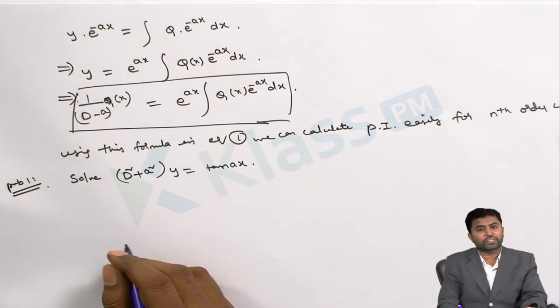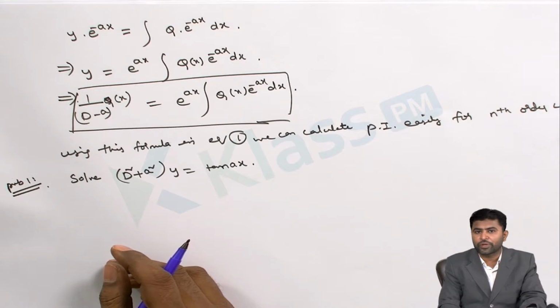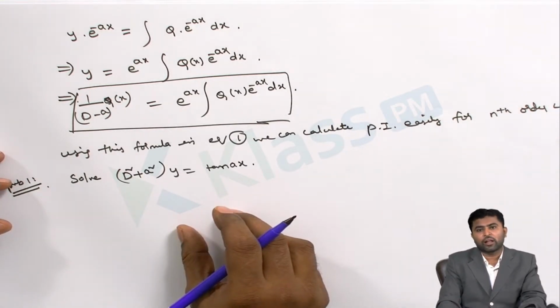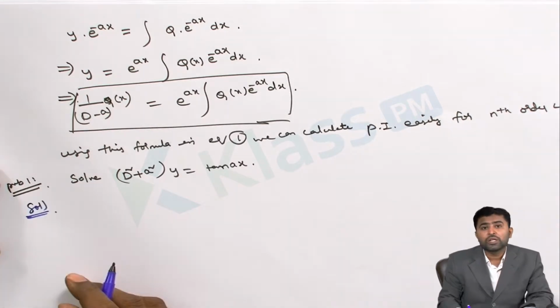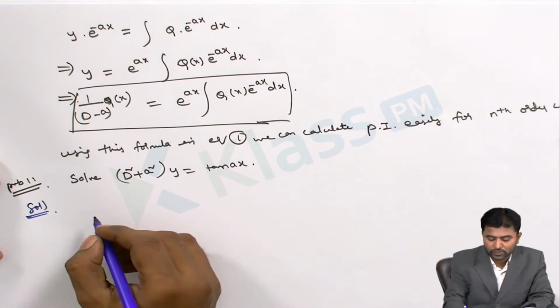Finding the complementary function is the same as what we have done in the homogeneous differential equations. Only for finding the particular integral, we have to apply the conditions what we have written just now. So this is a non-homogeneous linear differential equation.